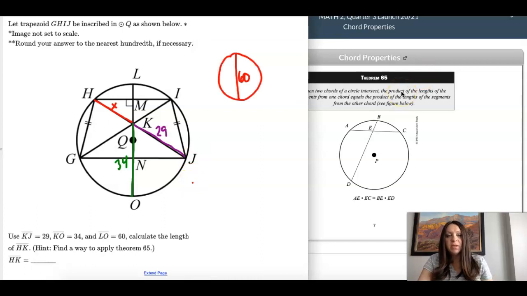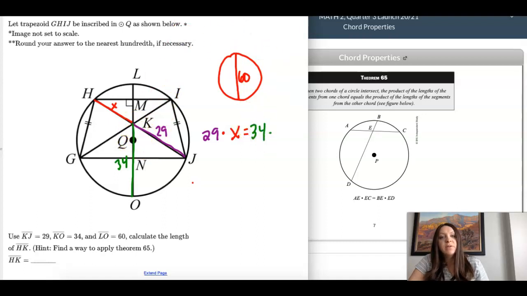Okay. So let's see. So here's our two chords, 29 times X. Those are intersecting. And our other two intersecting are the 34 and then this one that we don't know the length of. But we're going to use the diameter over here.